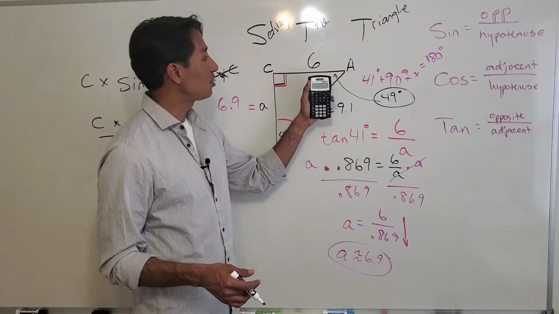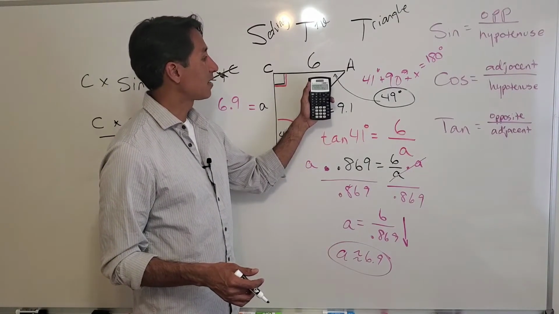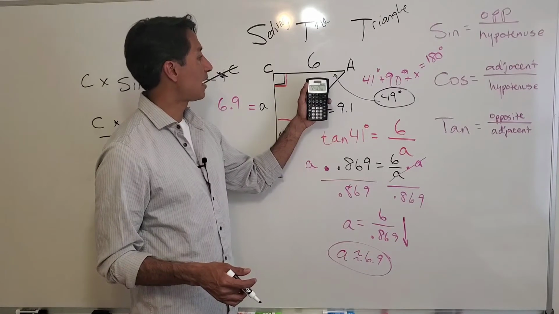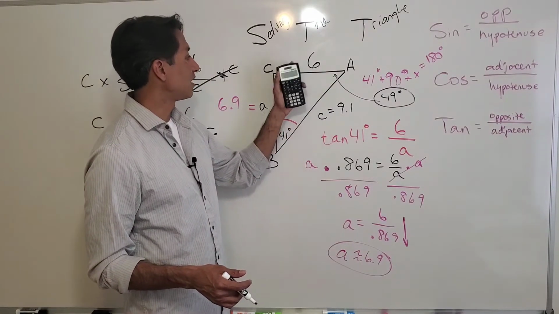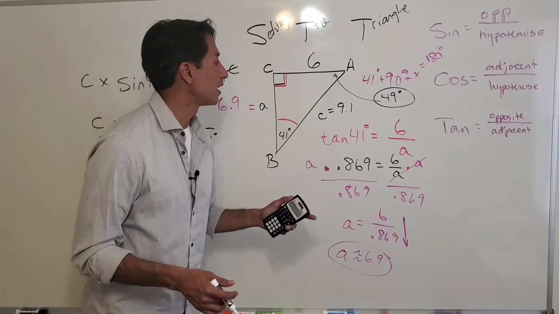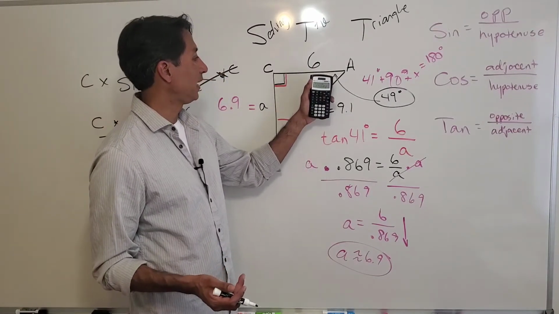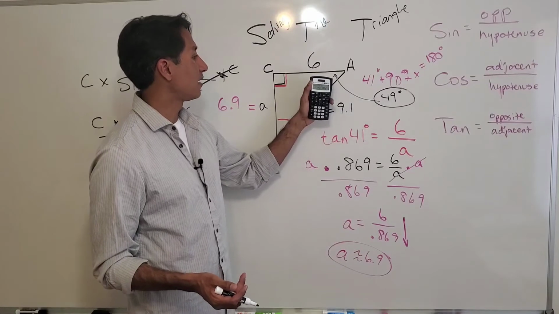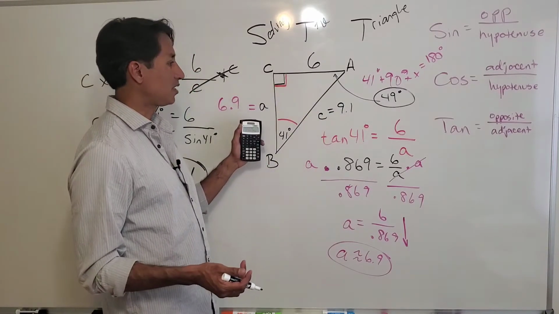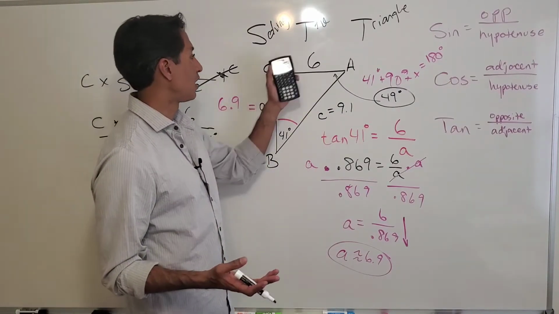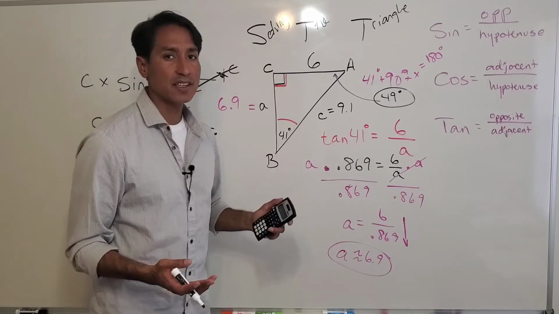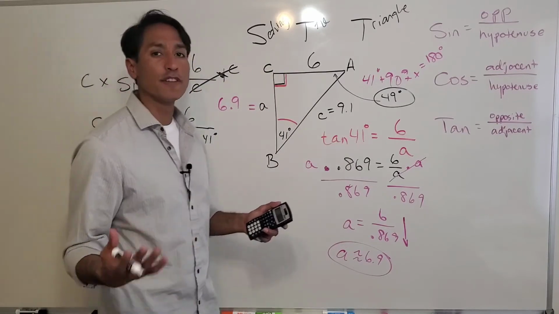I could do cosine 49, because cosine 49 equals adjacent over hypotenuse, and I could solve for this guy first. I could do tangent 49 equals opposite A over adjacent, which is 6, and then I could solve it as well.